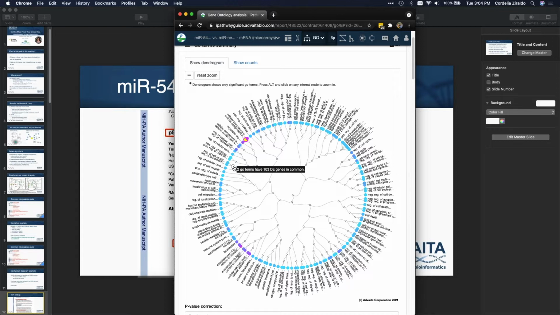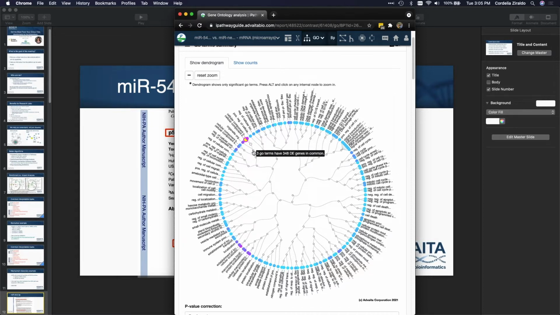But again, this is based on the differentially expressed genes in this experiment. So we have cellular component organization is the one selected. That's why it's yellow. Next to cellular component organization or biogenesis. And you can see that these two GO terms have 525 genes in common.